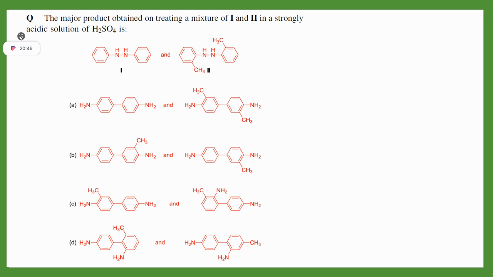So before solving this question, one thing you should know, let me tell you. Actually, this is an example of your higher order sigmatropic rearrangement. Yes or no?